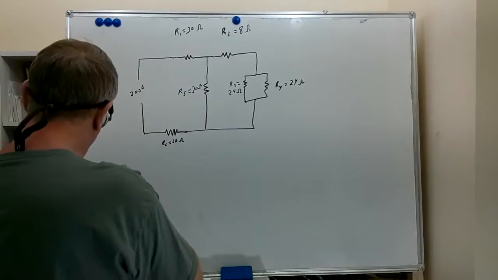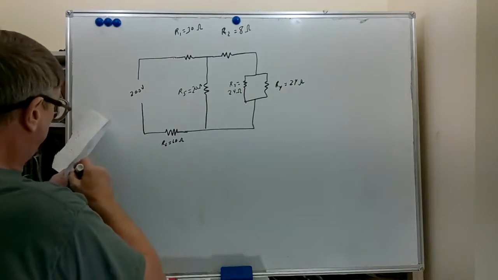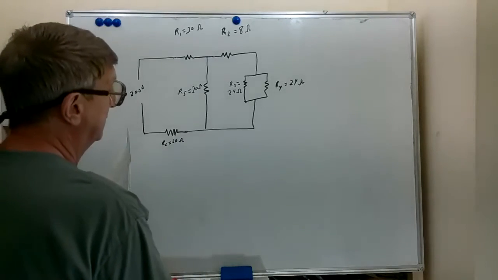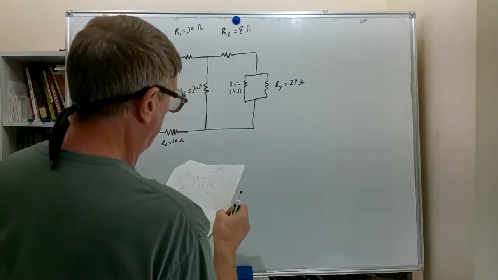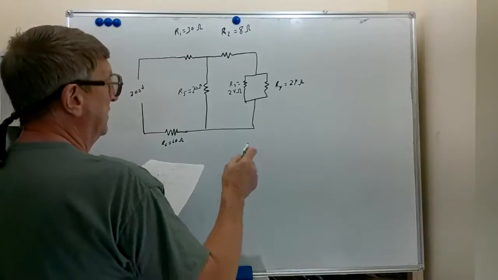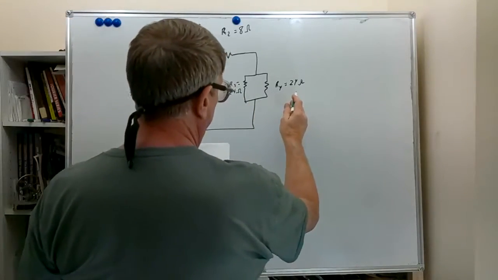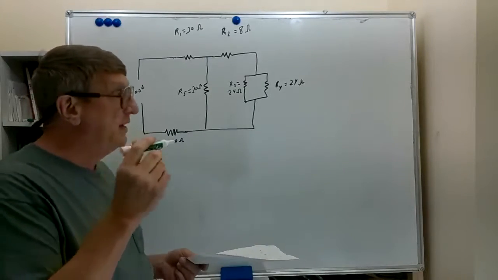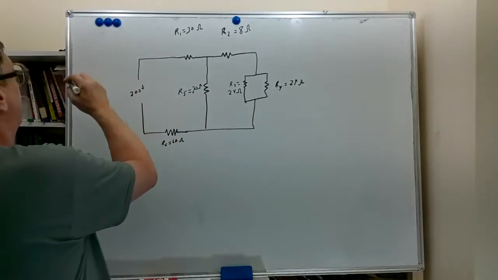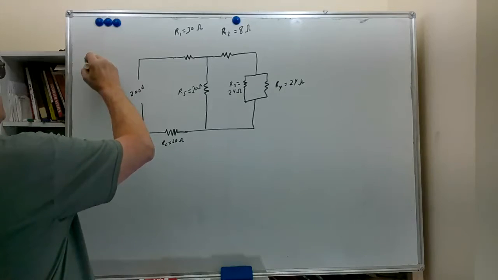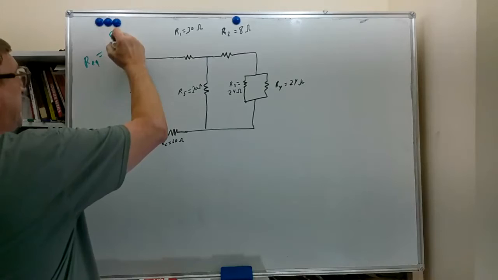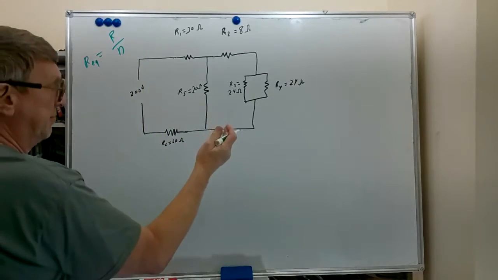So we're going to start by looking at this small R3, R4 parallel branch. You notice that these are 24 ohm resistors. And we've talked about parallel resistors when they're equal value. We can use this formula that says R equivalent is equal to R divided by N, with N being the number of branches.